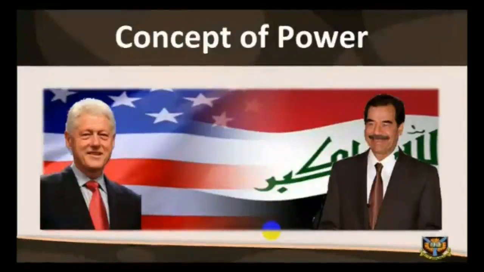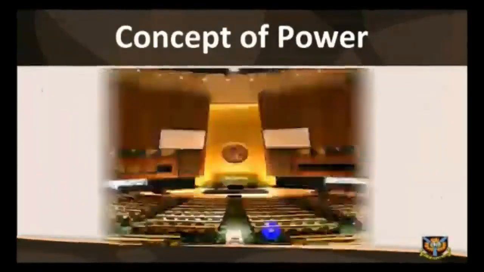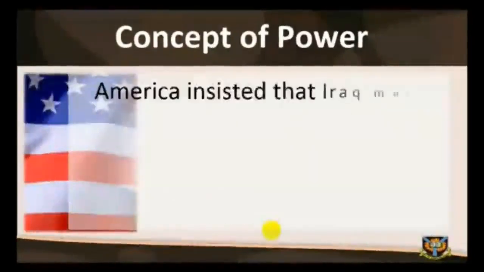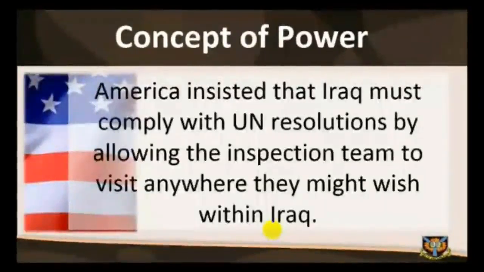In other words, power can be used to change the actions of others or to control the behavior of another state. A good example is the 1997-1998 confrontation between America and Iraq in relation to the inspection team of the United Nations weapons. Iraq had insisted that the UN team could not visit some sites, including presidential buildings, within its territory, claiming that would violate the sovereignty of Iraq.